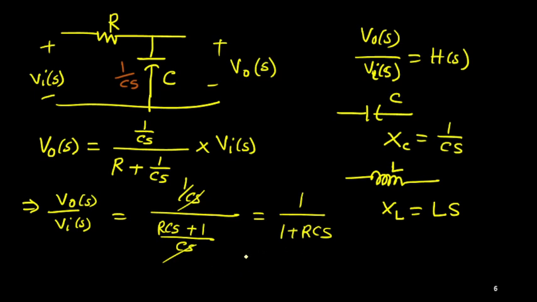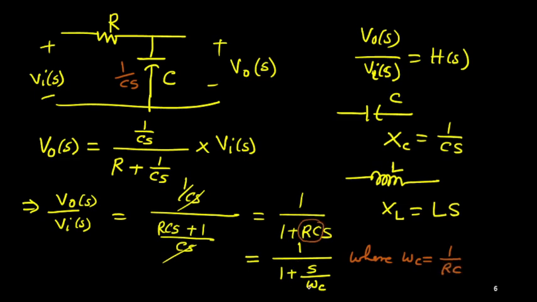Okay, so this thing we can rewrite as 1 upon 1 plus S upon omega c, where this omega c, what is omega c? It's 1 upon RC. You can see, this RC I replaced by 1 upon omega c.